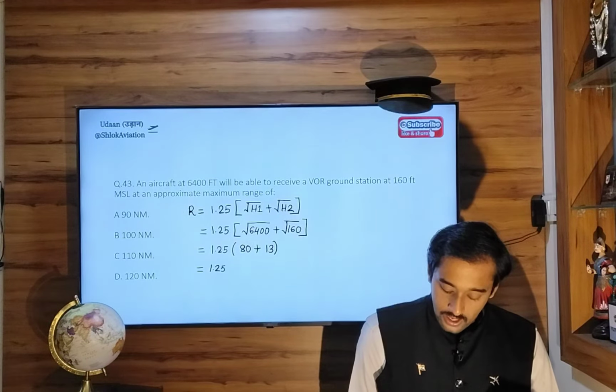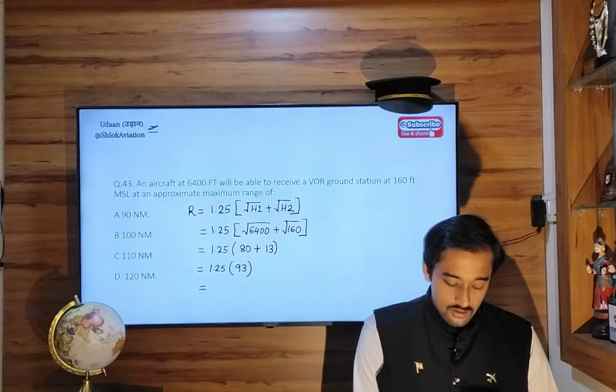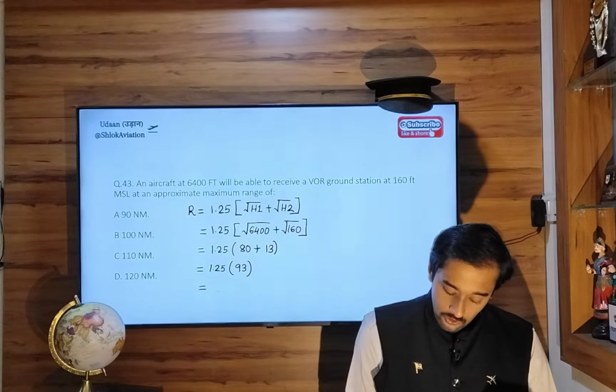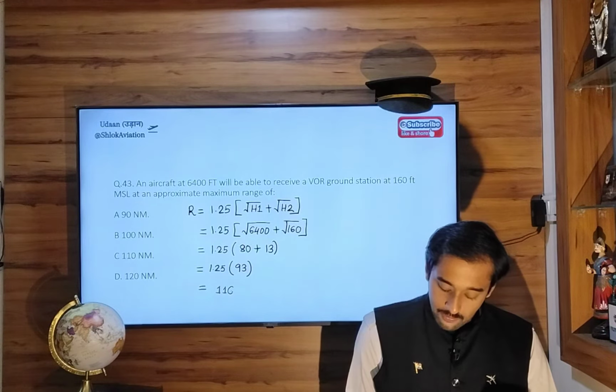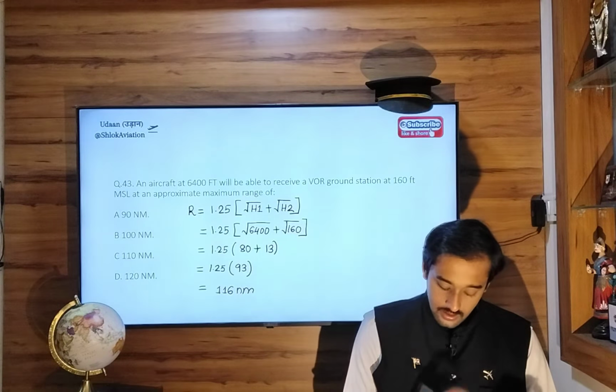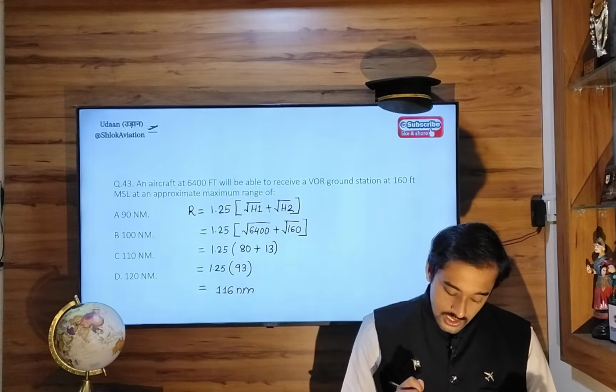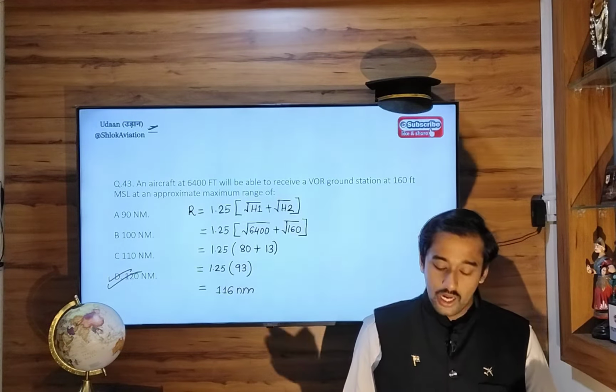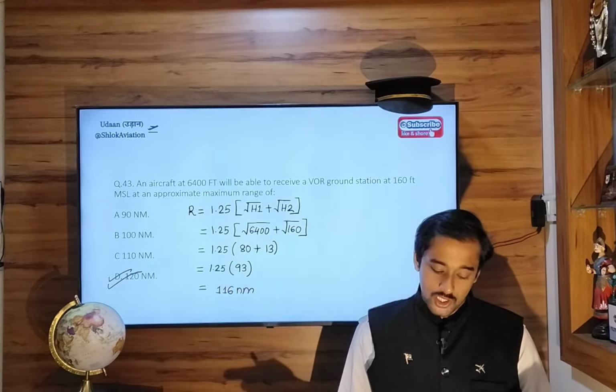So 1.25 into 93 is 116.25. So approximately 116 nautical miles, or the closest here is option D, 120 nautical miles. So select option 120.